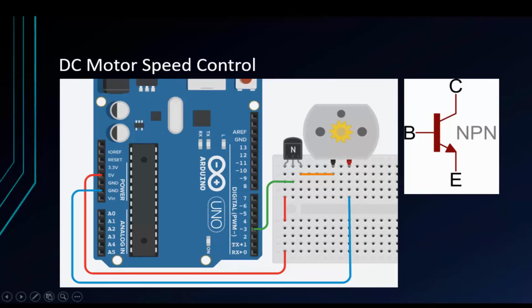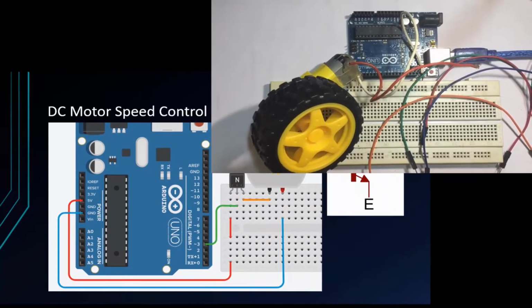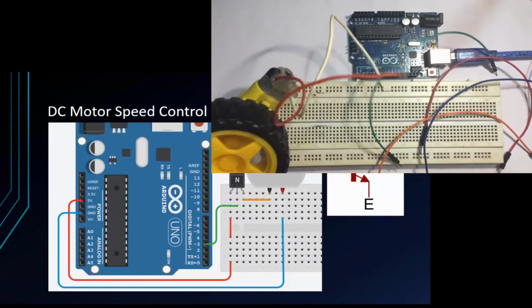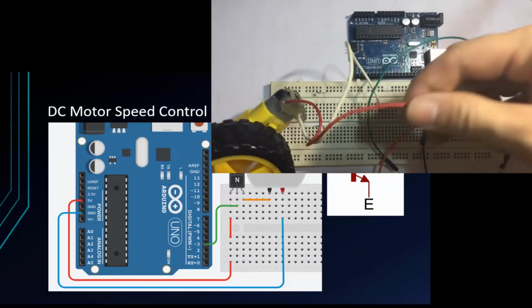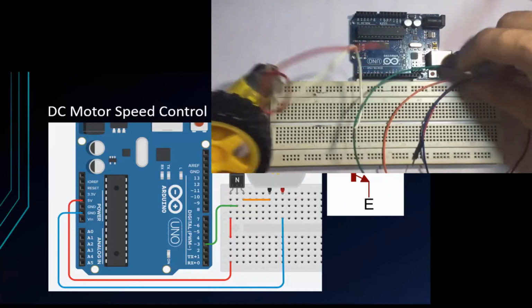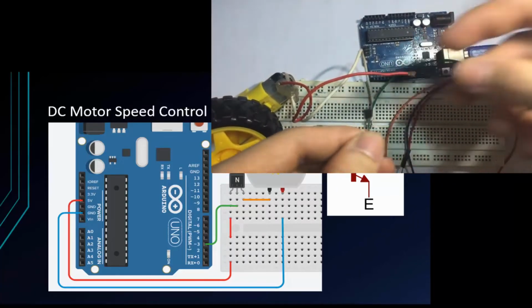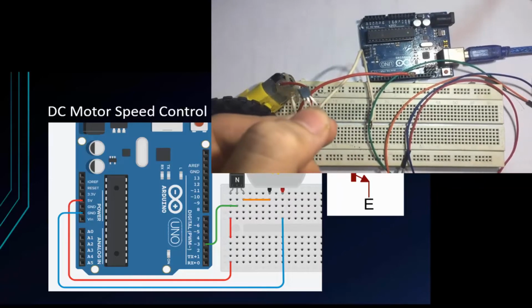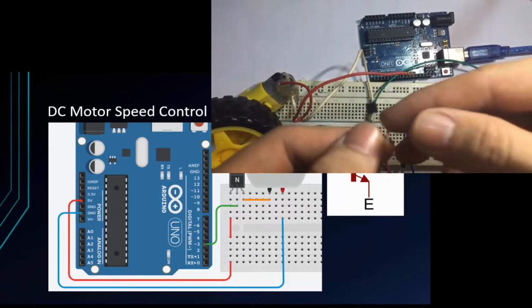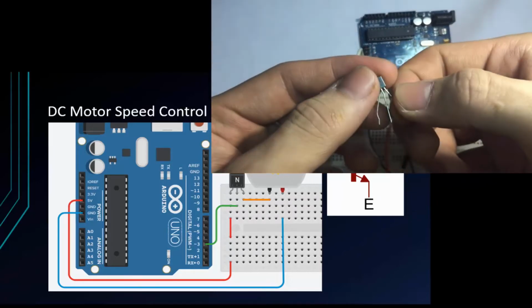Okay, let's check my circuit. Now I'll connect my circuit like the diagram. I have a DC motor with two pins, four wires, and one transistor. This is an NPN transistor, the C1815. You can find it on the website.